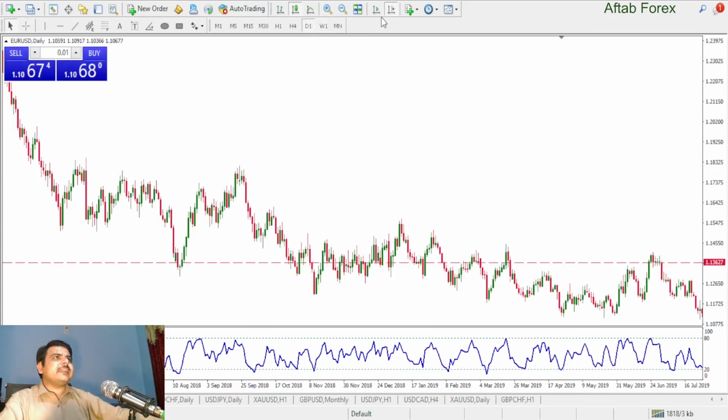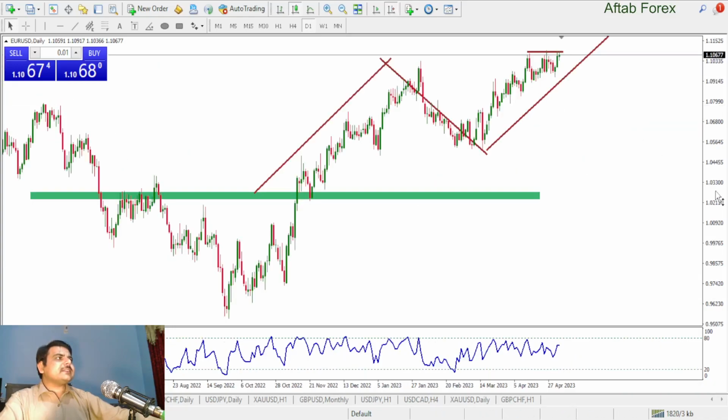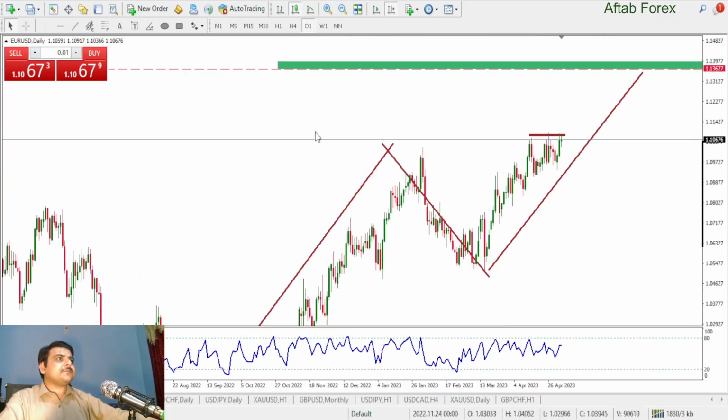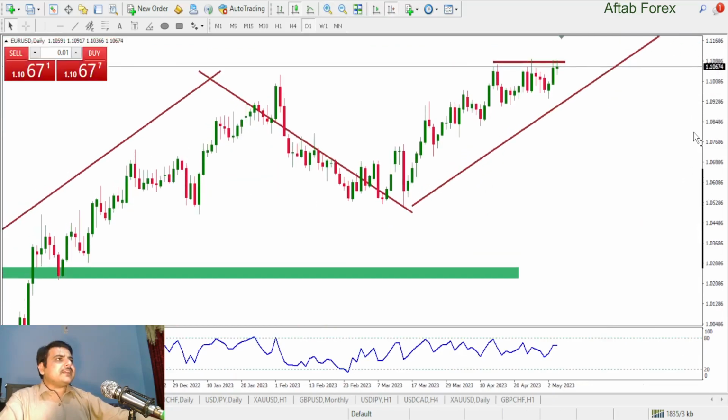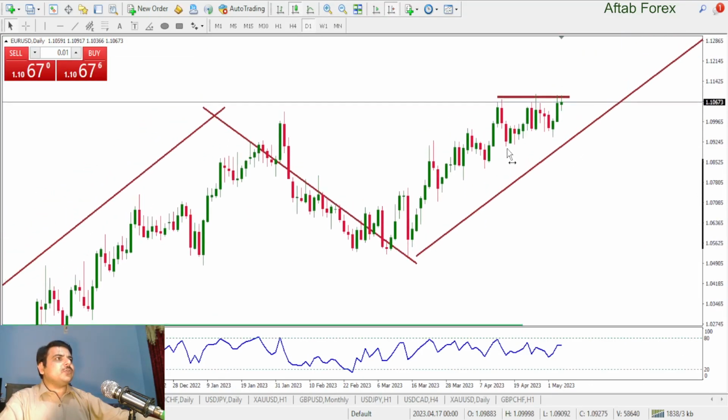Now move to the daily, and on the daily it is clearly stuck in a range, right? Let's do it this way. See, now right here, first of all, what I am going to do is reading the price action, because I am looking at several zones it has.